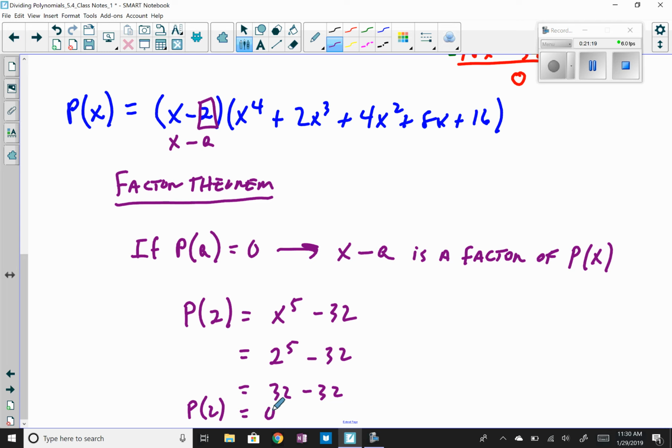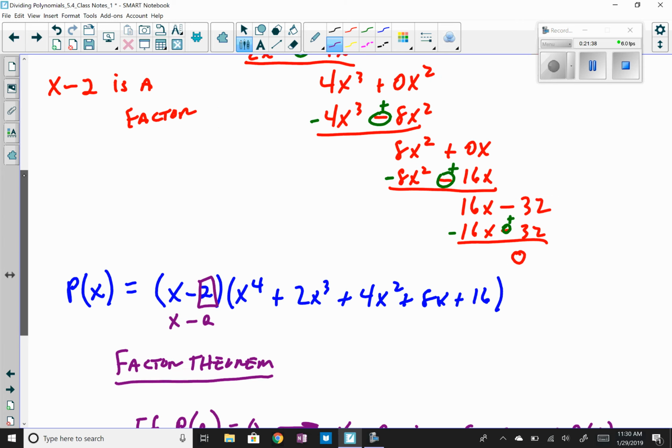So using the general form, if P of 2 is equal to 0, then x minus 2 is a factor of P of x, which in this case is x to the 5th minus 32. So being that we got a 0 here when we did P of 2, that tells us that x minus 2 is a factor.